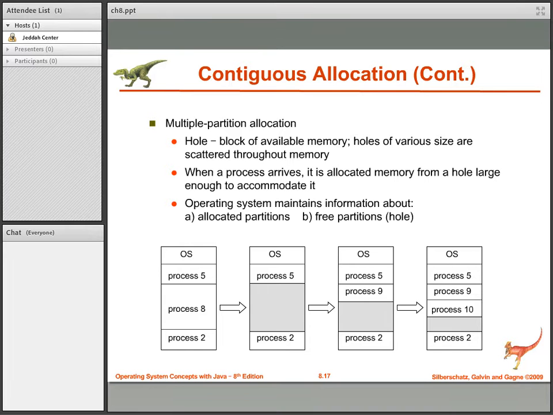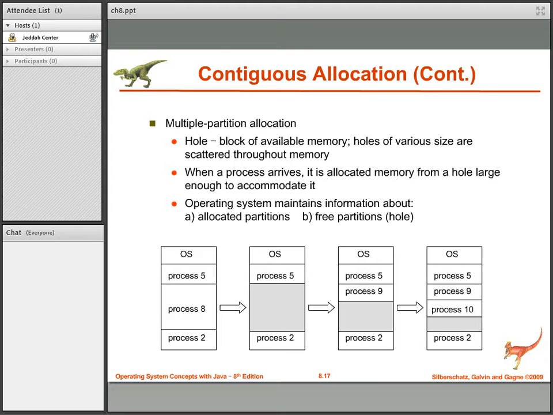In the diagram, you will see the main memory with the operating system occupying a part of it, and then on the left three processes: process 2, process 8, and process 5. You can see that these three processes are not of equal size. When process 8 gets completed and is swapped out, it leaves a hole in its place.